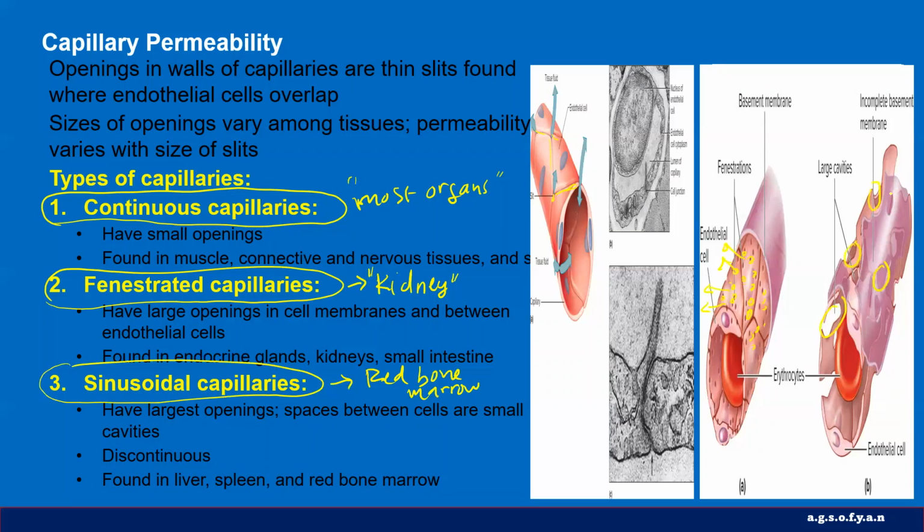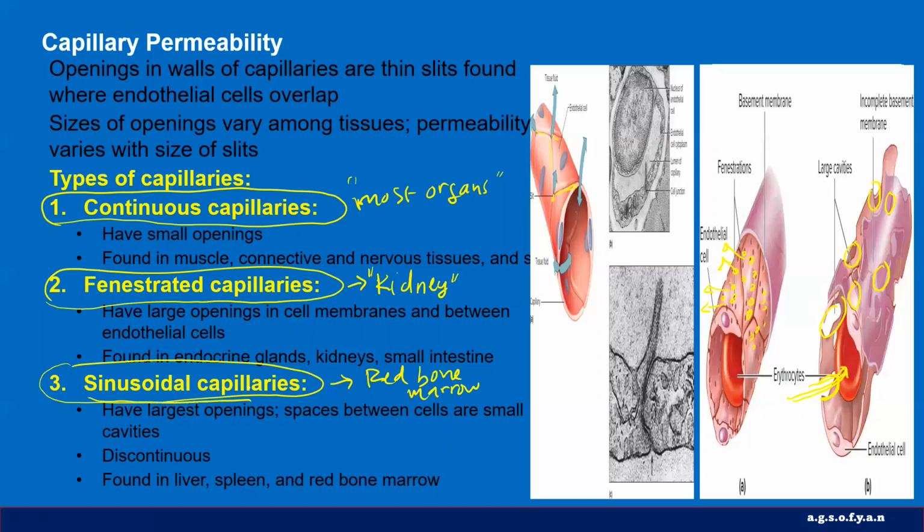Because in the red bone marrow, they create the blood, like red blood cells, white blood cells, and platelets, and they are big cells. They need to enter this capillary from the red bone marrow. So it requires bigger holes, a bigger passing area. So this is the type of capillary.